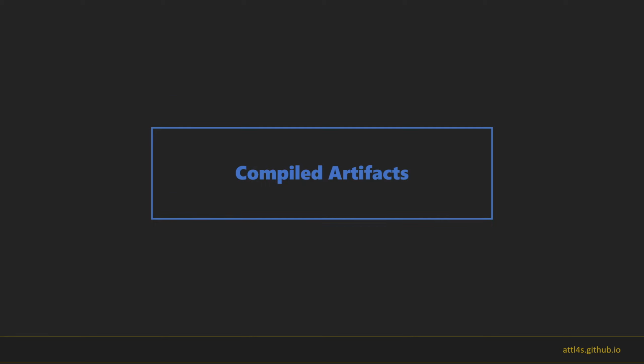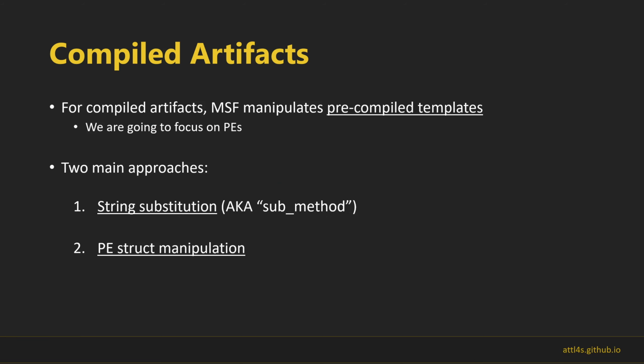For compiled artifacts it is a little bit different because we have two different methods. The first one is more or less similar to what we have seen, the string substitution, commonly known as the sub method in Metasploit, and also the PE struct manipulation. So here, scripts don't need to be compiled, but PE files need to be.